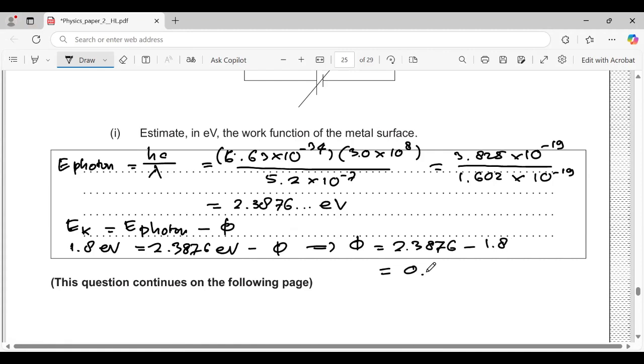It is 0.6 electron volt. So this is the solution. Next question.